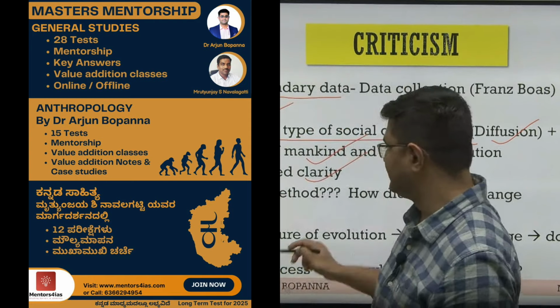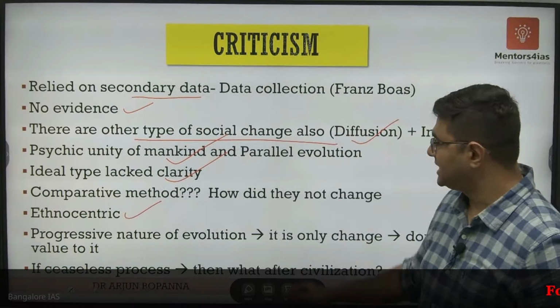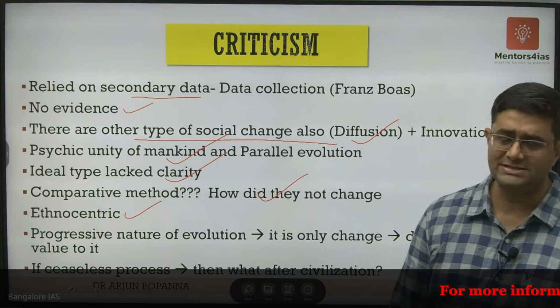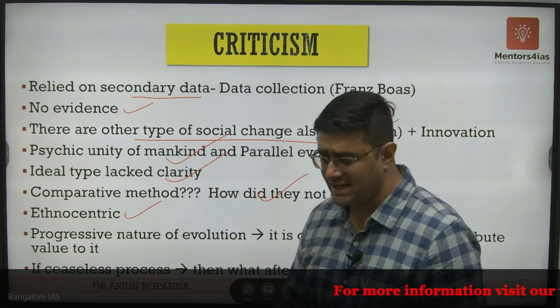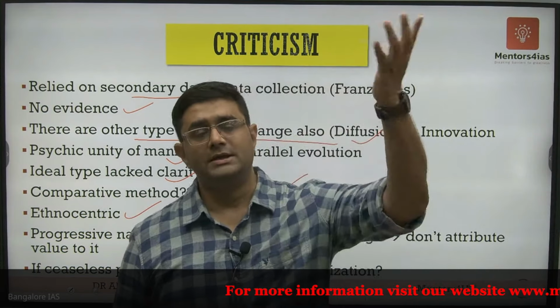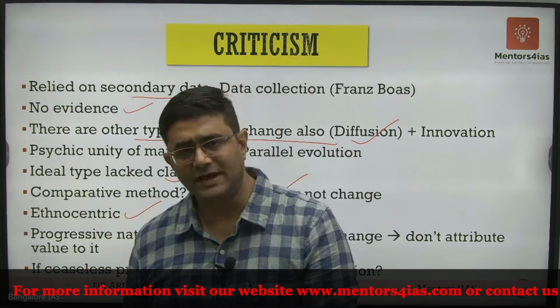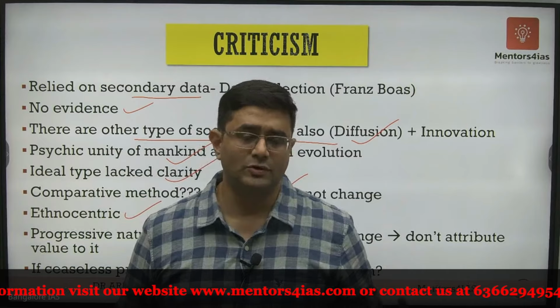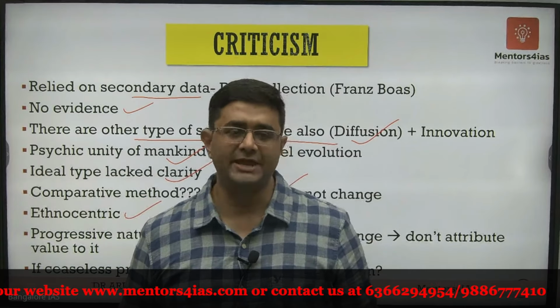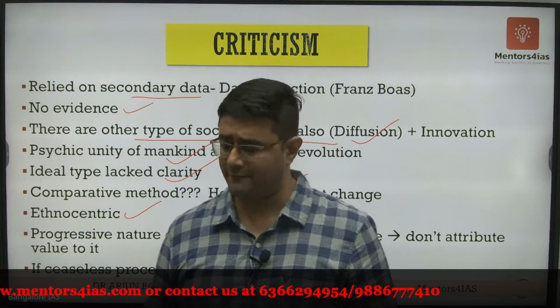There was no specific example. It was ethnocentric. The comparative method also is criticized. If you are comparing a present day simple society with the past of a civilized society, that means the simple societies have never changed for so many years. So it is undermining change, undermining evolution itself.